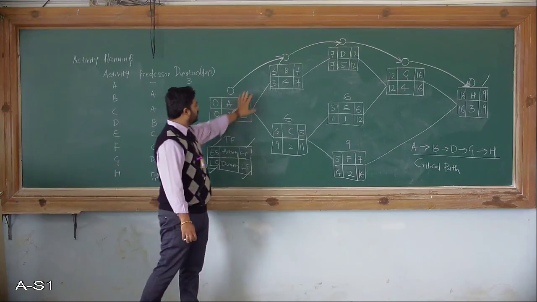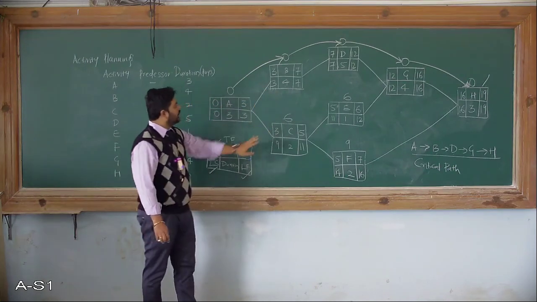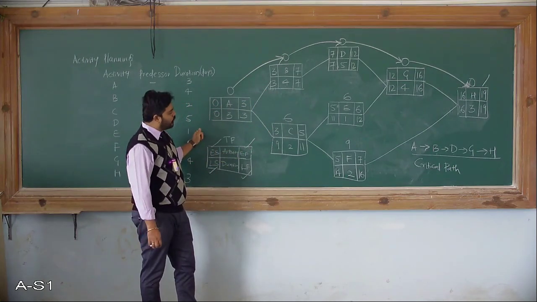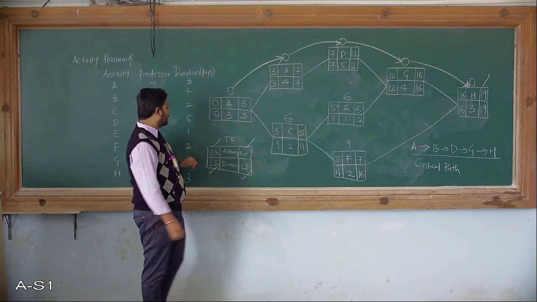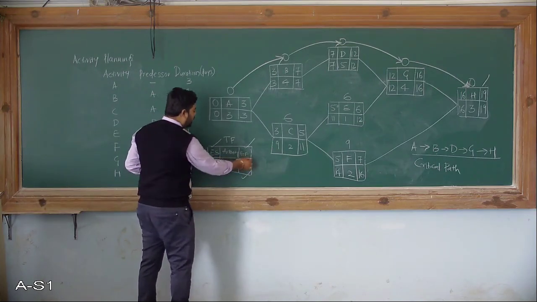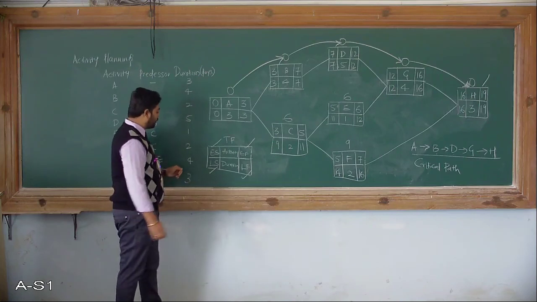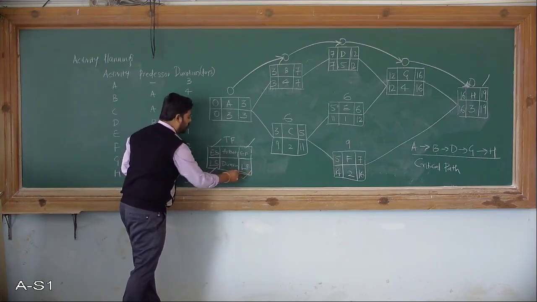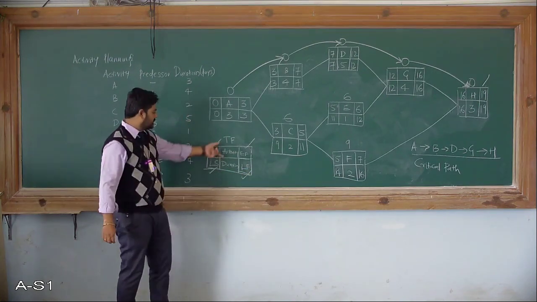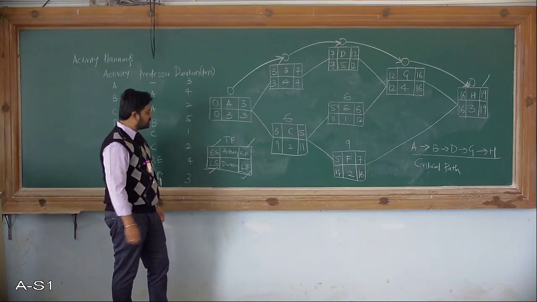Based on this, you are going to perform the forward pass and the backward pass. Forward pass means you are identifying the early start and early finish, and by performing the backward pass you come up with the values for late start and late finish. The duration of each activity is already given.